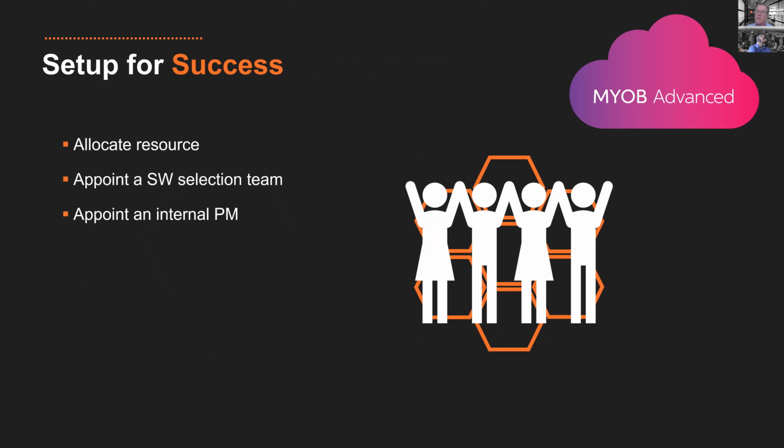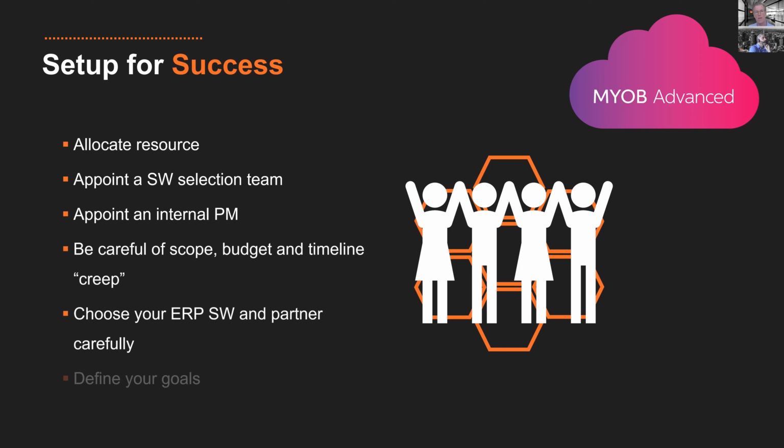We should also appoint an internal project manager who can help manage the project from a customer perspective with your supplier or ERP reseller and implementation team. Be careful of budgets, scope, and timeline. Choose your ERP partner carefully and define your goals. These are just some of the points early on in the journey that will set you up for success as you look to implement ERP.